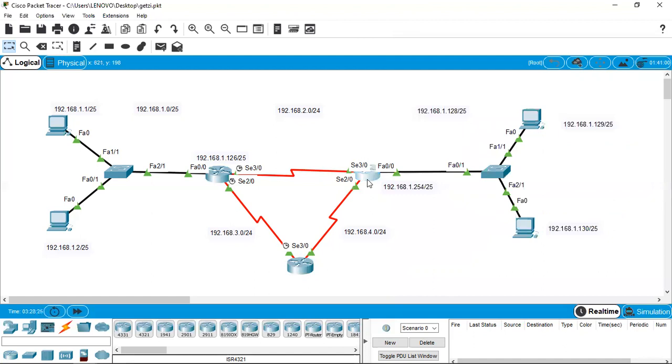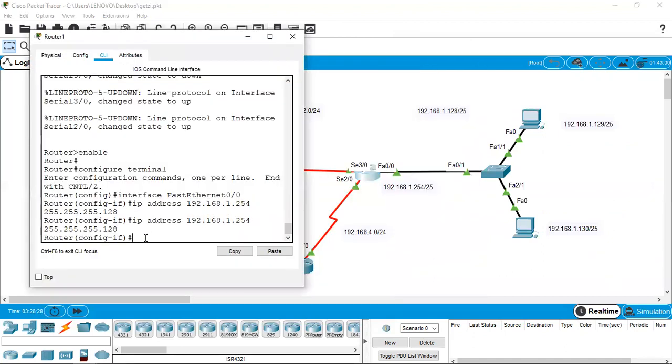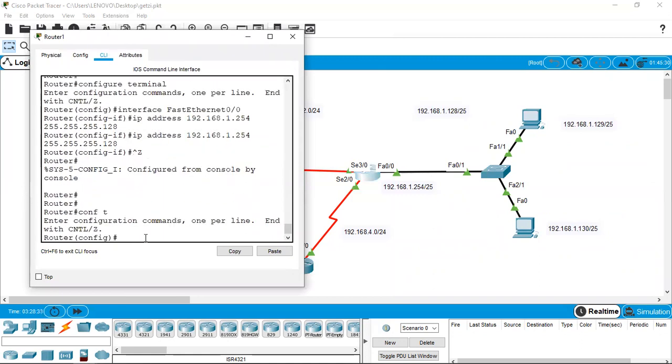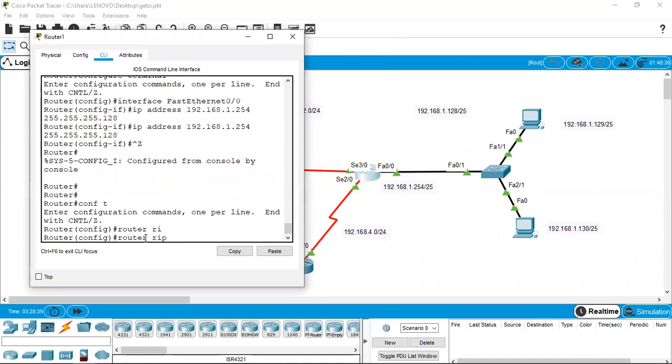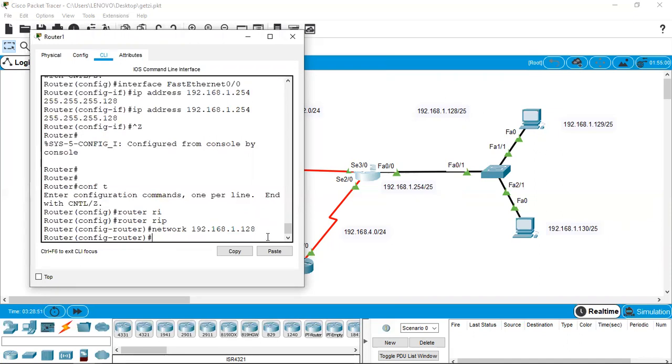Go to this router, a similar configuration. Configure terminal, router rip, network 192.168. Here it is 1.128. That is the network which we have created, 1.128.